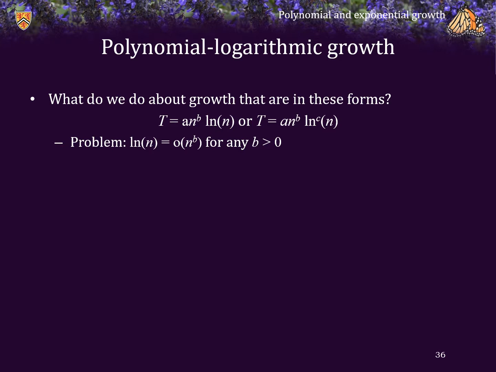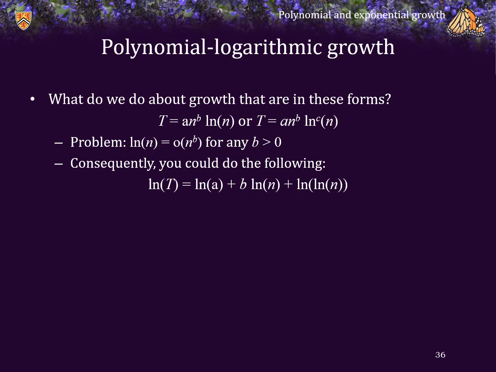The logarithm ultimately grows slower than even n to the 0.001. So we could apply the logarithm to the left and right hand sides of each of these expressions. In this case, we now have ln of a plus b times ln of n plus ln of n on the right hand side, but there's no coefficient in front of the ln of n. So in fact, what we would do is bring that to the left hand side and then find the best fitting line that passes through that data.